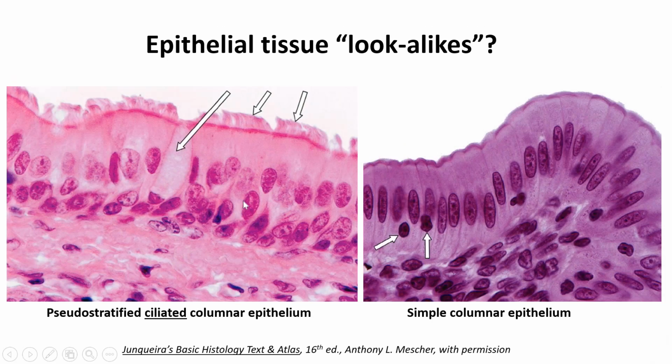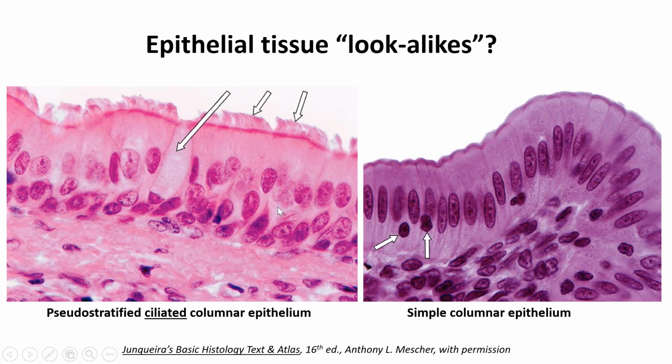So this picture is taken from Junqueira's text, and I want to point out some things here. If we look at this presentation, which has a very nice simple columnar epithelium, you can clearly see that these nuclei are oval and they are lined up. So I can kind of draw a nice line right through those, okay? When I come over here and look at the pseudostratified columnar epithelium, again, I notice that the nuclei are at all different levels.